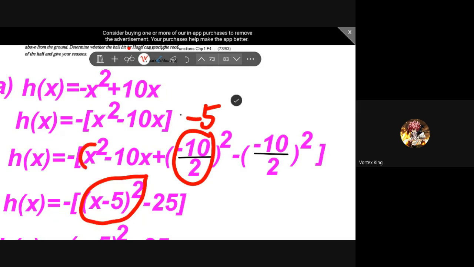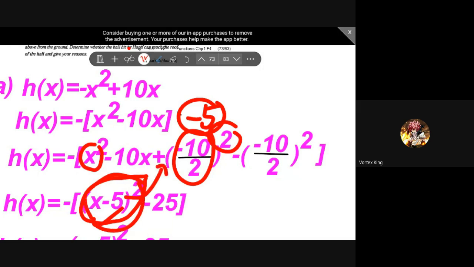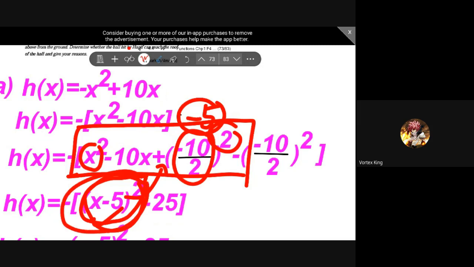So, saya ambil X, tolak 5 kuasa 2. Ini cara saya dapat kat sini. Boleh faham tak? Kalau kamu kembangkan yang ni balik, kamu boleh dapat kat atas. Maksud dia sama. Tak berubah pun equation dia. The equation does not change its value. Saya faktorkan saja dari 3 ungkapan jadi 1 ungkapan kat sini. Boleh faham? From 3 terms.